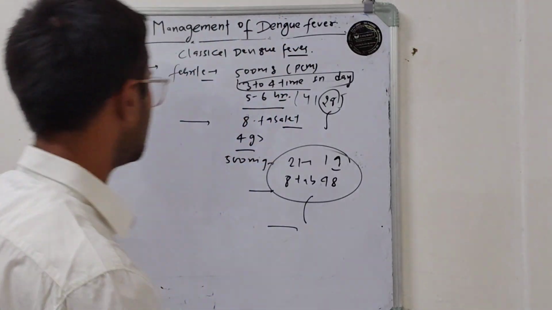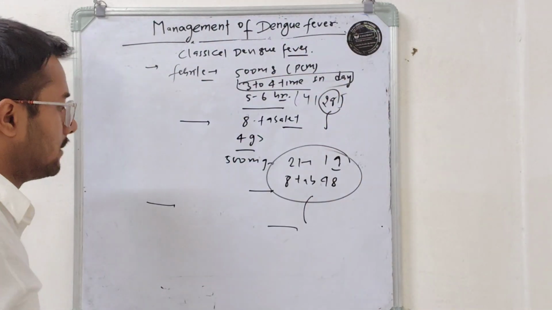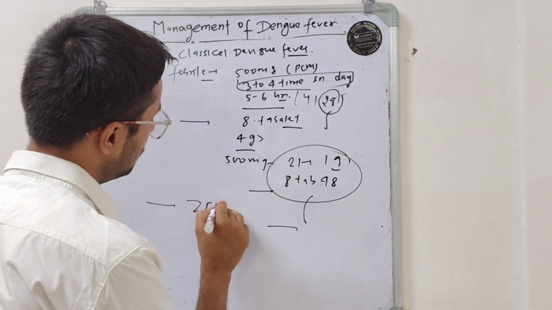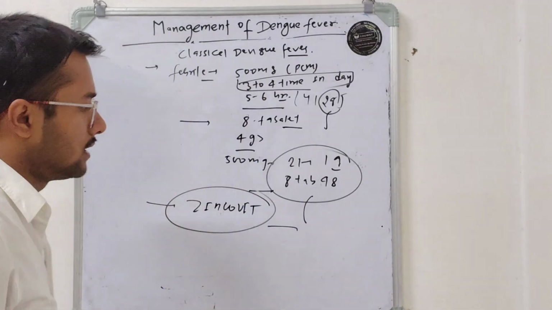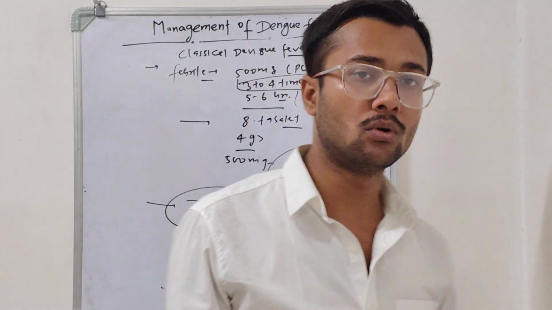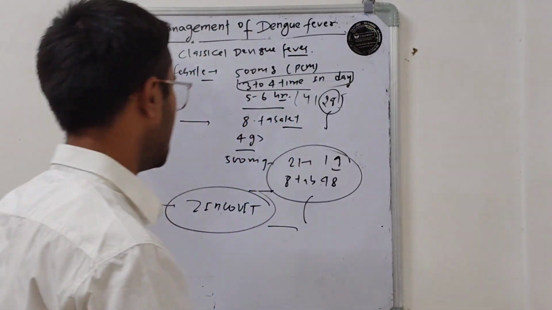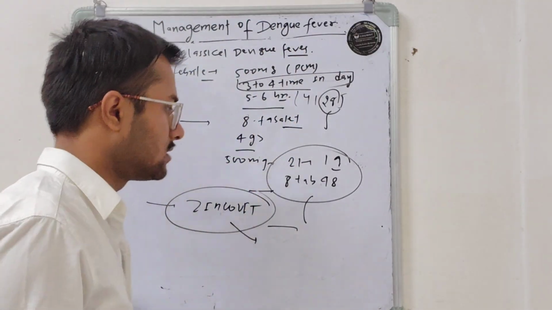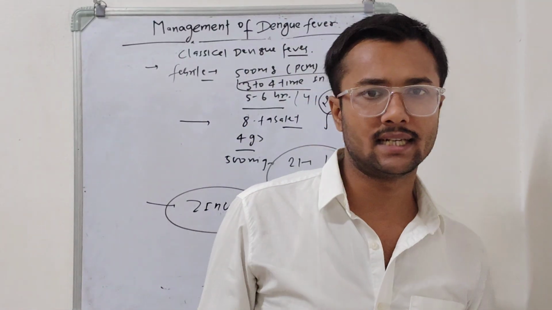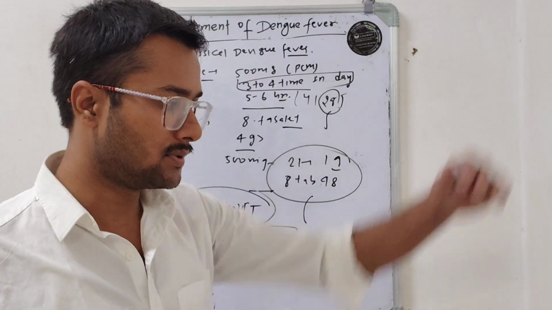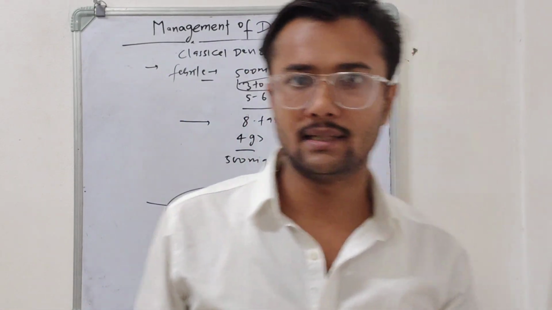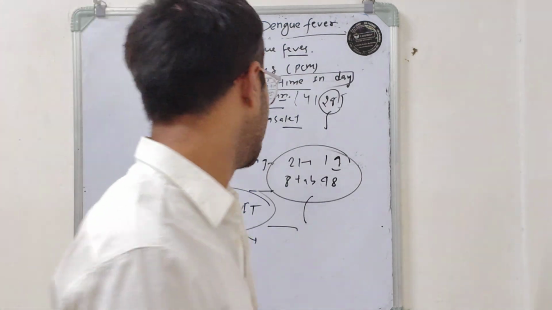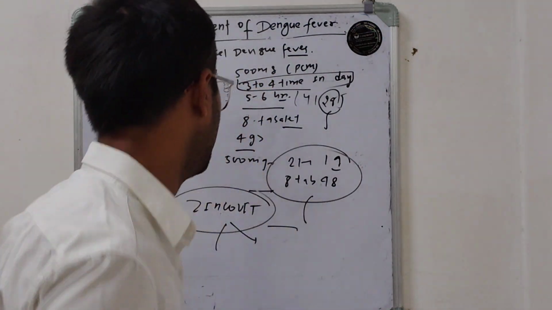Along with this, we also add some multivitamin tablets like Ginkgo, but Ginkgo is not the main role of treatment. They basically have a supplementary role, because if a patient has significant plasma leakage, there is metabolic disturbance, so we add Ginkgo tablets.